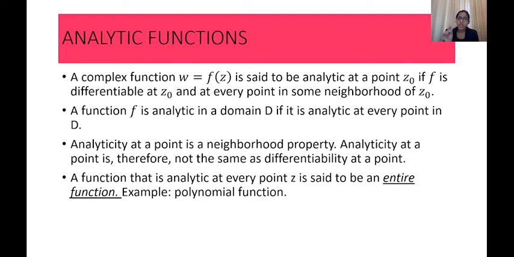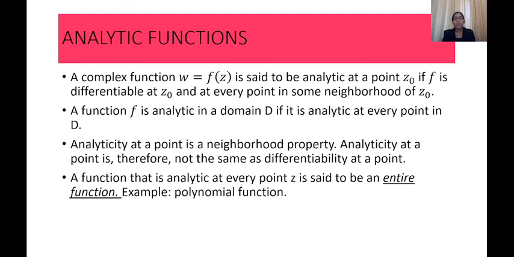The function should be differentiable not only at that point but also in the neighborhood of z naught. A function is analytic in a domain D if it is analytic at every point in D. That is just a generalization.